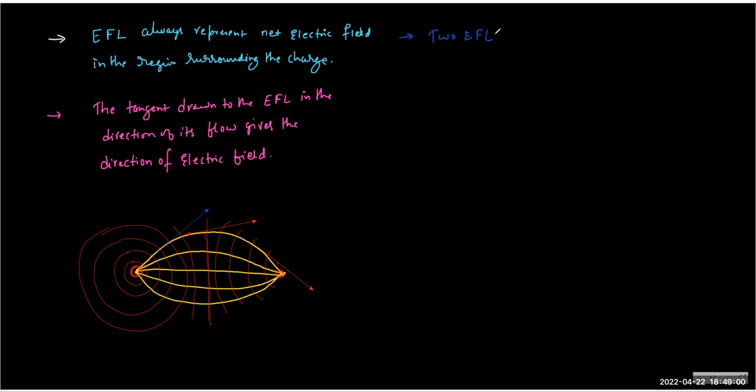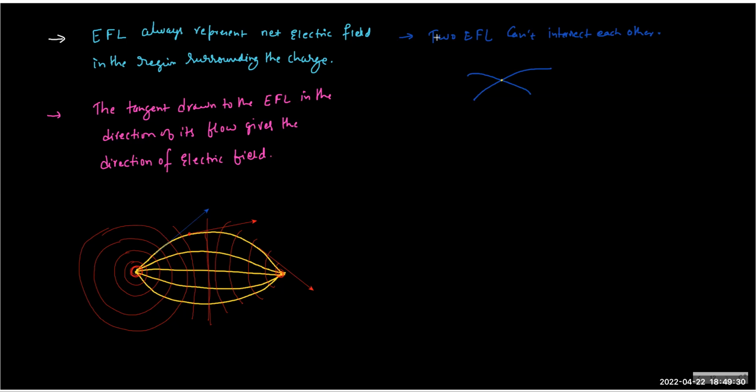Now that comes to the conclusion that two electric field lines cannot intersect each other. Why? Because both the origin and the direction cannot be the same.